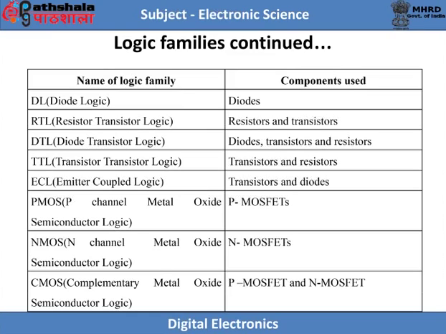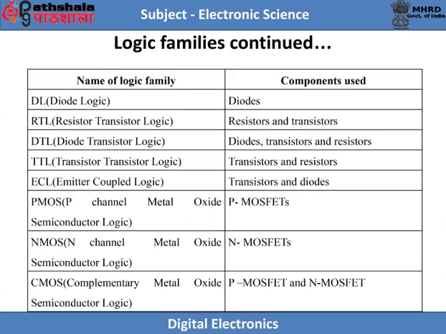DTL, that is diode transistor logic, uses diodes, transistors and resistors as the basic components. TTL, that is transistor transistor logic, uses transistors and diffused resistors. Emitter coupled logic uses transistors and diodes.